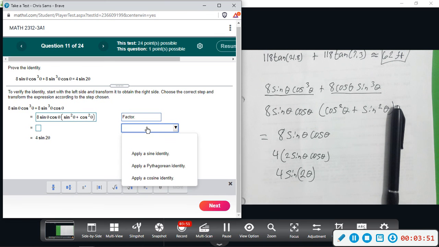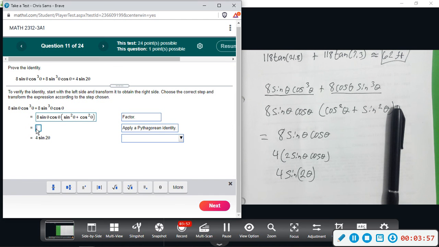And then the next step we did, we applied the Pythagorean identity with this part, and that left us with 8 sine theta cosine theta. And they might want me to put these in parentheses.